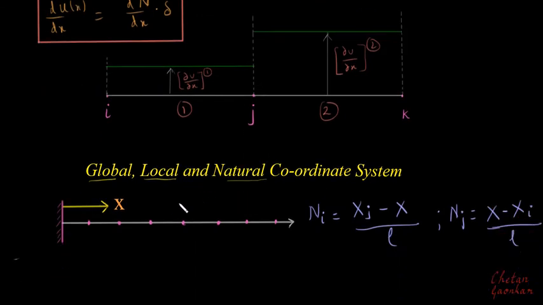We know that the global coordinate system means, in this case, the x or Cartesian coordinate is the coordinate system for our entire domain, and if we place this coordinate system at the start of the domain, then this coordinate will be called the global coordinate system, which is applicable to the entire domain.